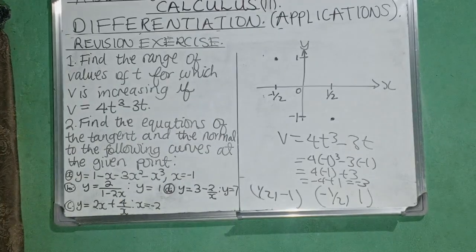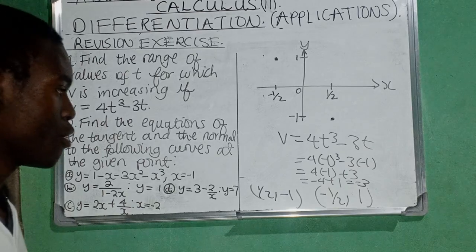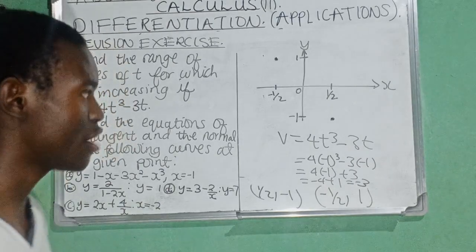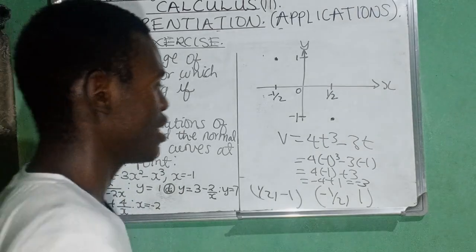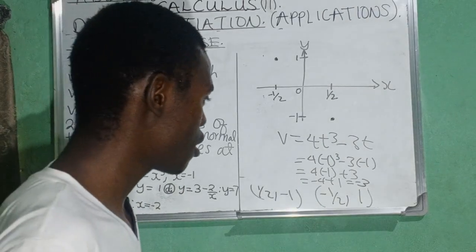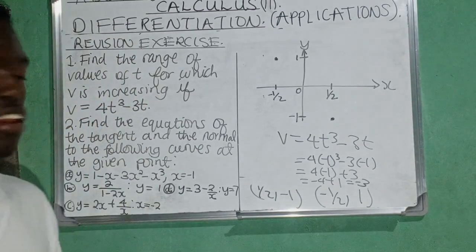So for a negative 1, if you look at the function, we're plugging in negative values. We found that if you plug in a negative half, you get positive 1, and now we have plugged in a negative 1, and now we're finding a negative 3.